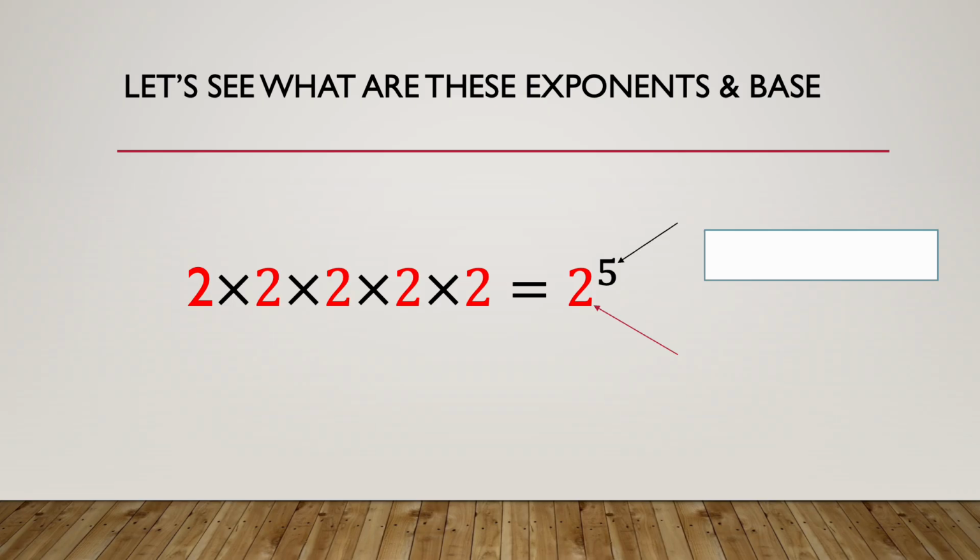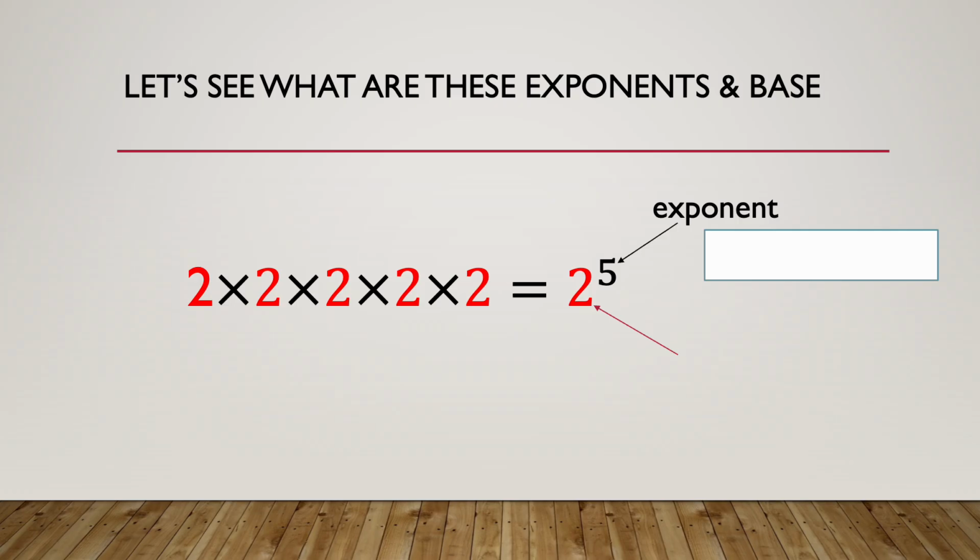So this is the way you are writing this. Now these two numbers have different names. Let's see what these names are. The 5, we call it the exponent.